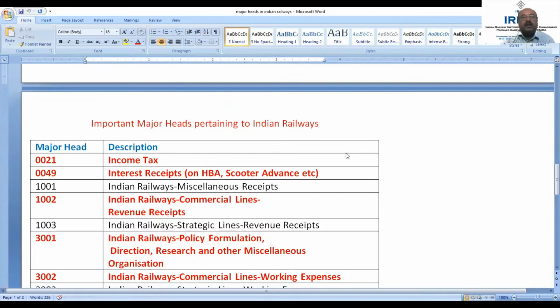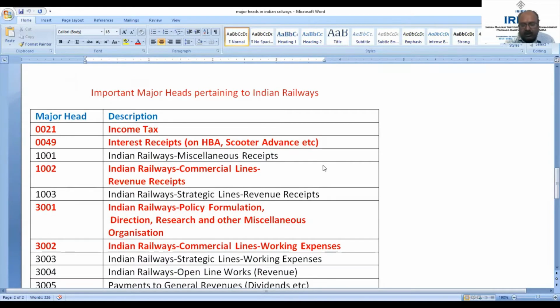Please check. Around 500 or 600 major heads are there in the Union Government of India for different categories of expenditure. Out of that, we'll now discuss the major heads pertaining to Indian Railways.